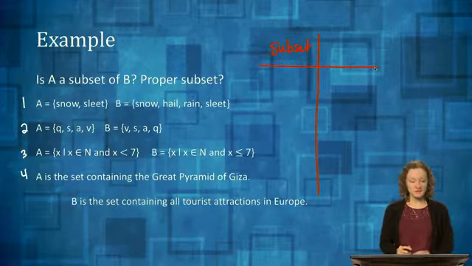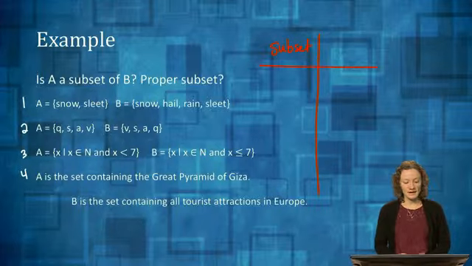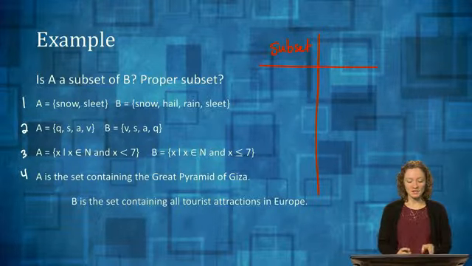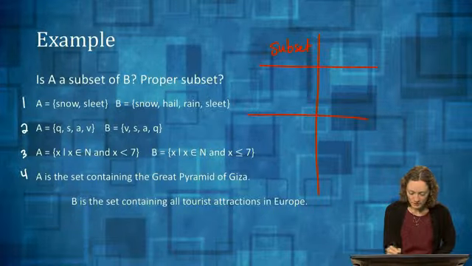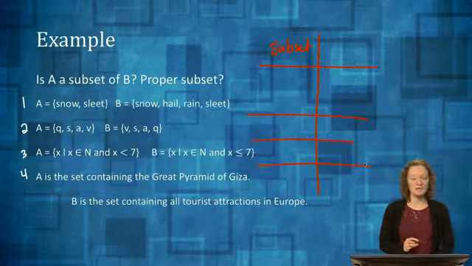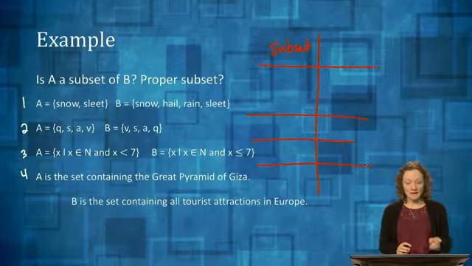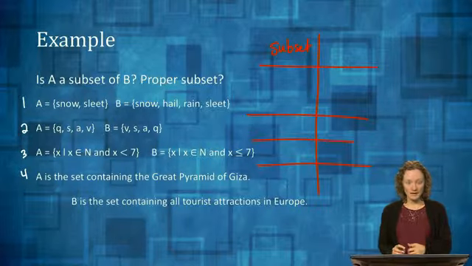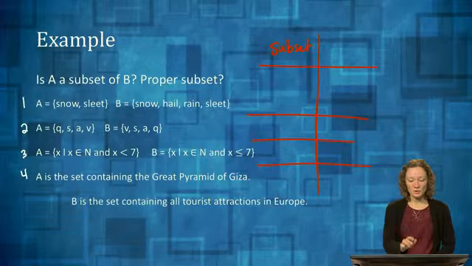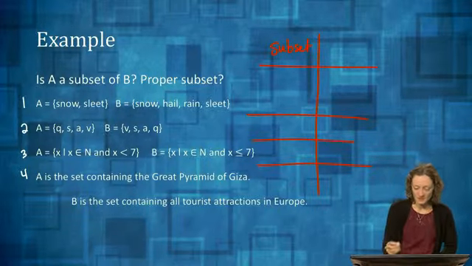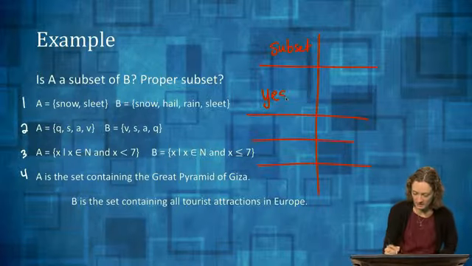Okay, so the first example, we have set A, which contains the elements snow and sleet, and set B, which contains the elements snow, hail, rain, and sleet. Okay, so for A to be a subset of B, all elements of A have to also be elements of B. So is that the case for this example? Are all elements of A, snow and sleet, also elements of B? The answer is yes, so this is a subset.